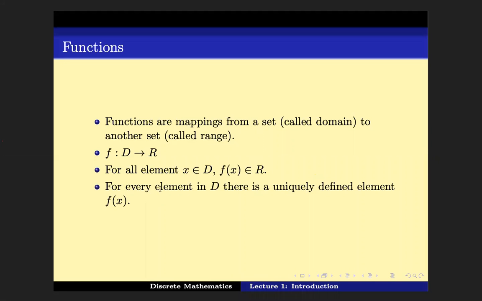And for every element in the domain, it must be uniquely defined. Meaning it cannot be that f of x is either this or this. f of x is something, that's it. It cannot be two things. Okay, so that's the function.